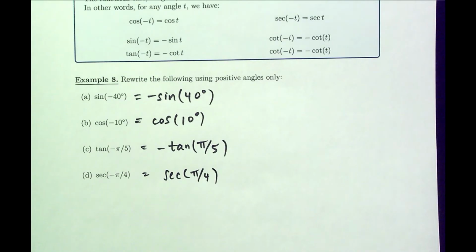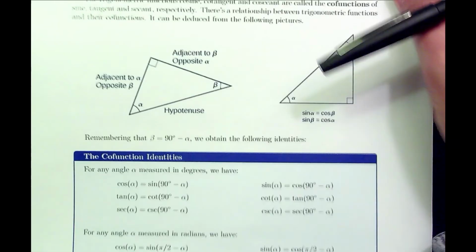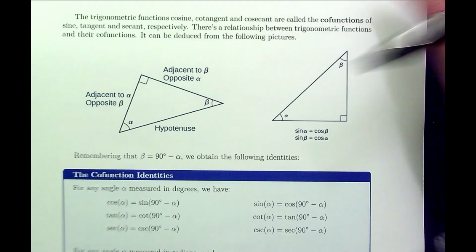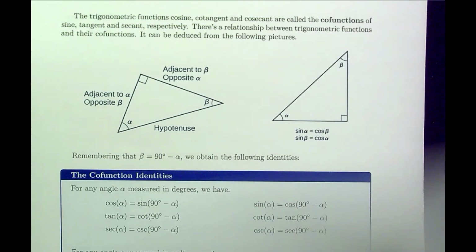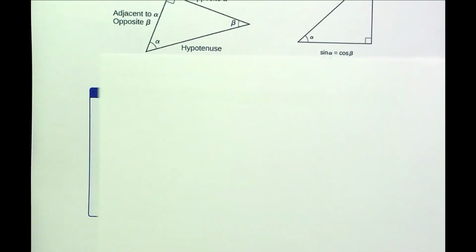Another property that you should be familiar with is the cofunction identities. So what are the cofunction identities? Well, it turns out that the 6 trig functions can be paired up with each other, not only by means of their reciprocals, but also by means of their cofunctions.